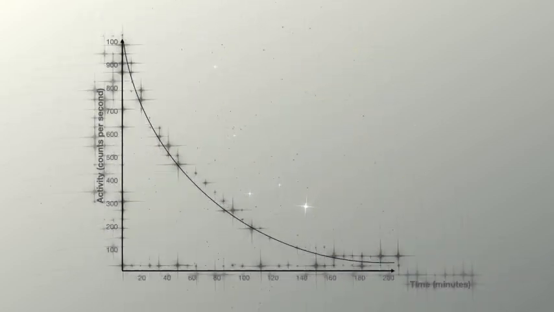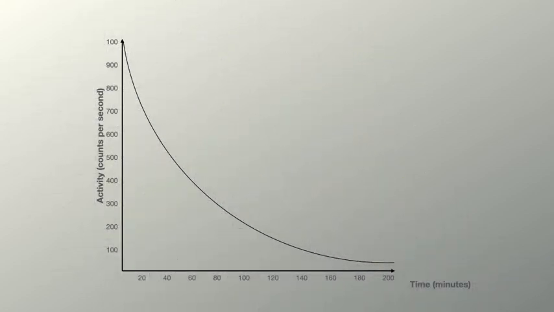And what you get is a graph that looks like that. Same shape. And this would show a half-life of 44 hours. So we would also be able to say this is not protactinium-228, because we know the half-life of protactinium-228 is 22 hours.